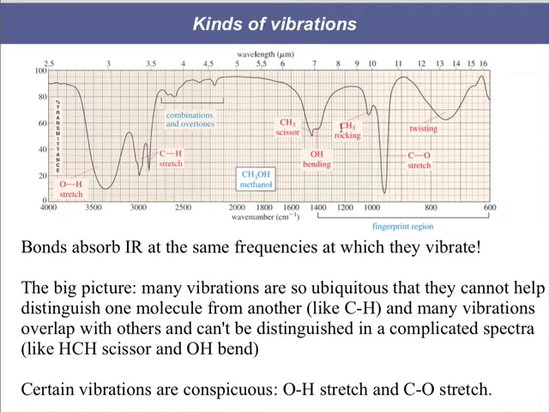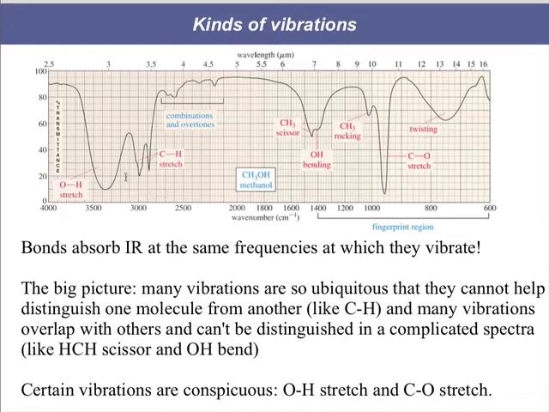What we're going to look for, for the most part, are vibrations that are conspicuous. For example, our OH stretch, extremely conspicuous here, and a CO stretch, very conspicuous here. The fact that we have a CO stretch and an OH stretch are a good sign that we've got a C bonded to an O, and that O is also potentially connected to a hydrogen.